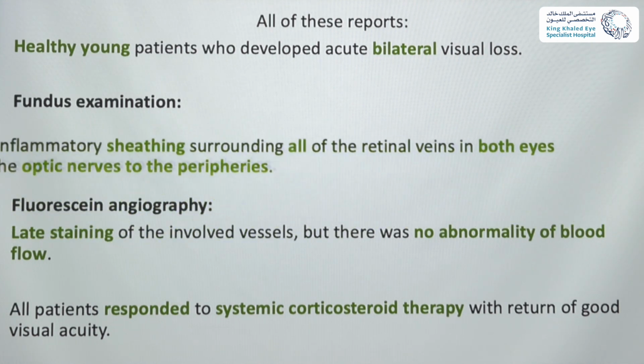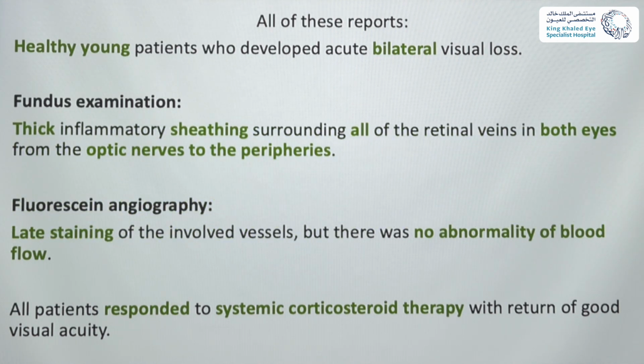For fundus examination, there was thick perivascular sheathing involving all the retinal veins in both eyes, from the optic nerve to the periphery. And for the FFA, there was late staining with no abnormalities of the blood flow. And all the patients responded very well to systemic steroid.